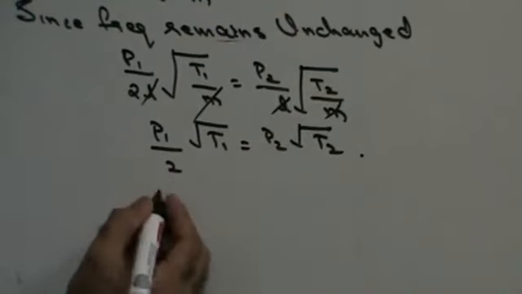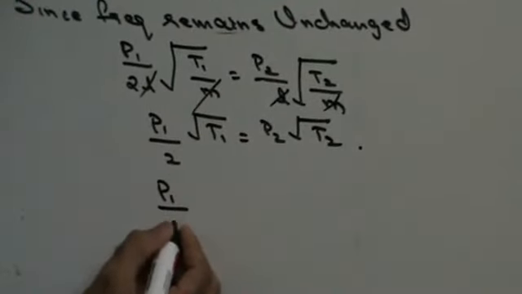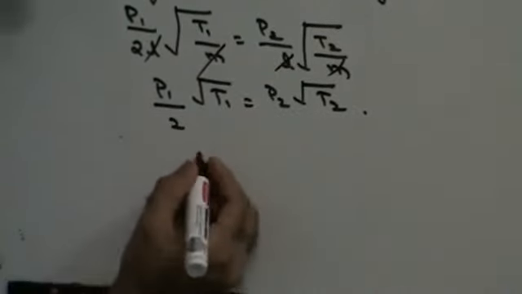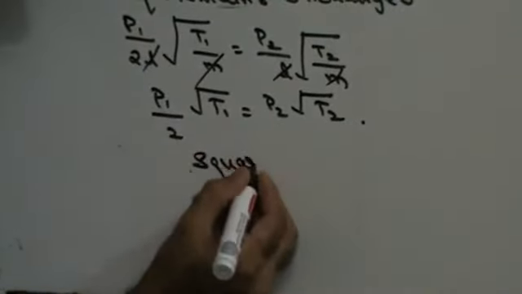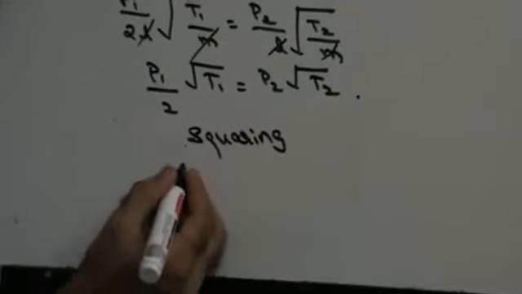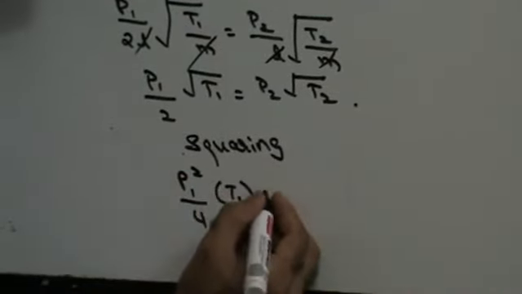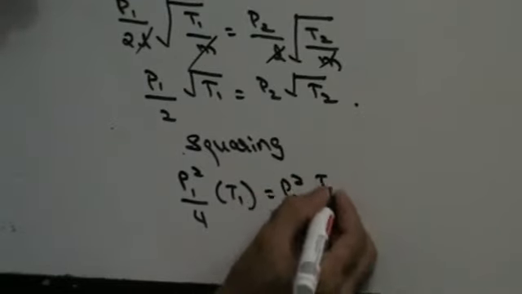Let's get rid of the square root sign, so I can say squaring. If I square both the sides, I'll get P1 square upon 4 into T1 is equal to P2 square into T2, right? Now you know the value of T1 and T2.